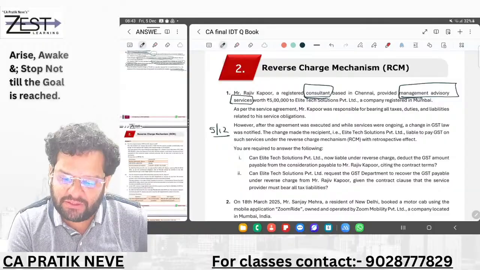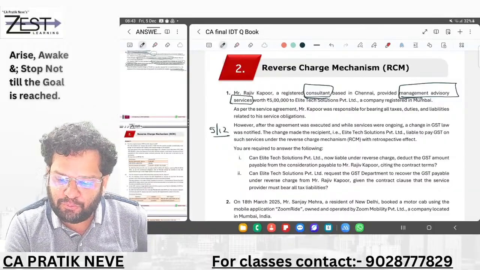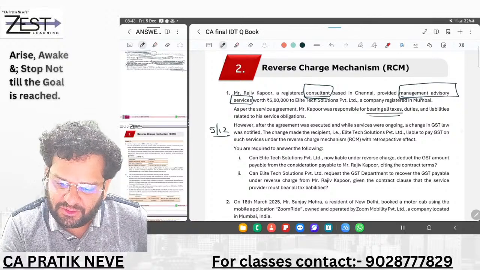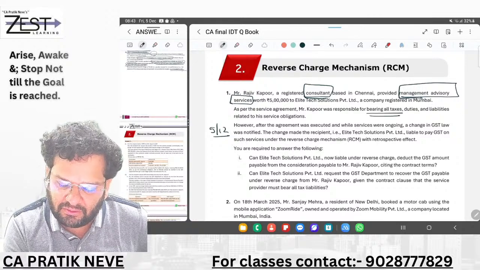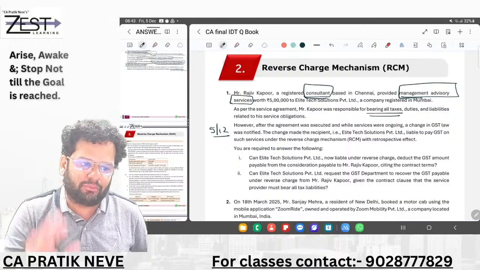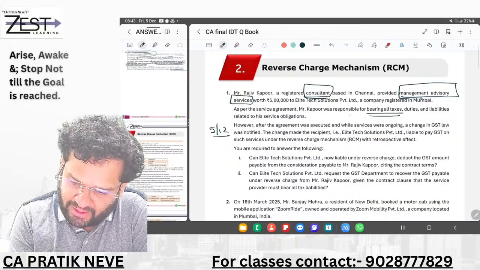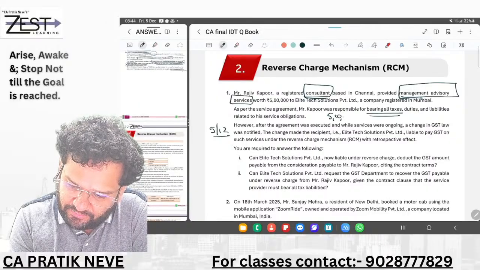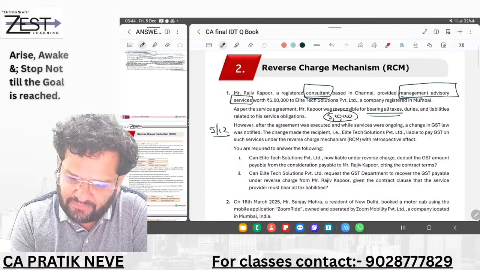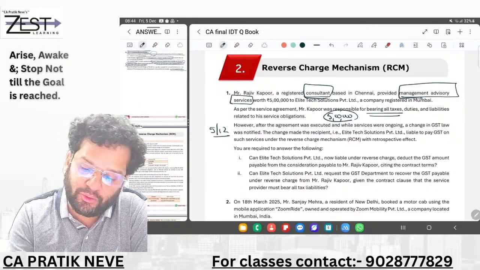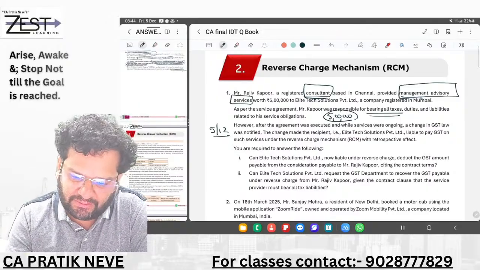As per the service agreement, Mr. Kapoor was responsible for bearing all the taxes, duties, and related liabilities to his service obligations. In short, 5 lakh rupees is the management advisory fees, including GST and everything.